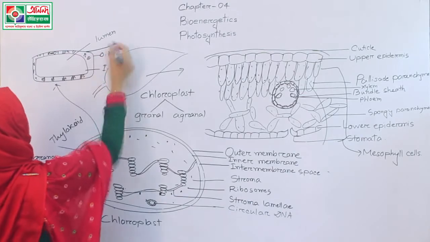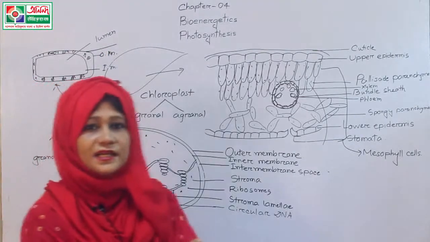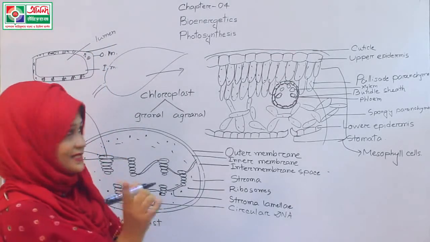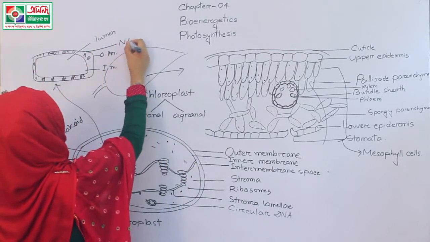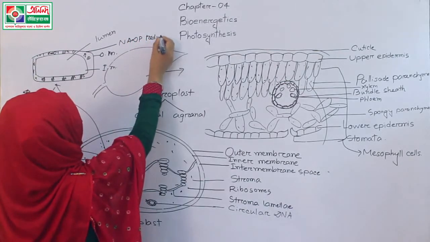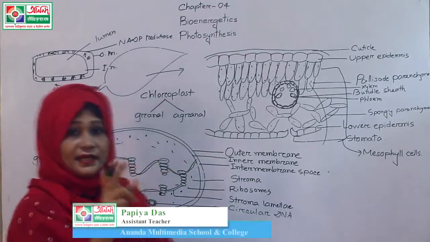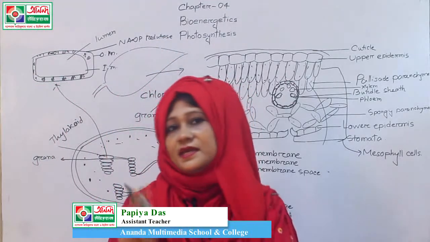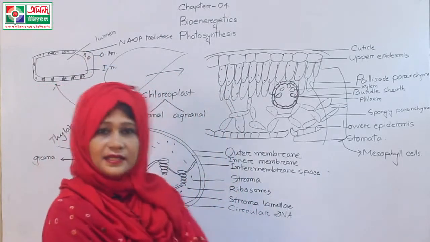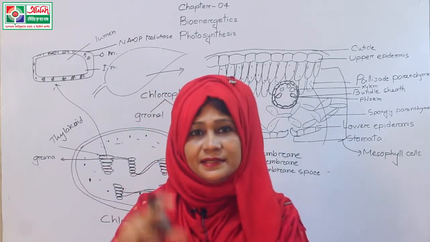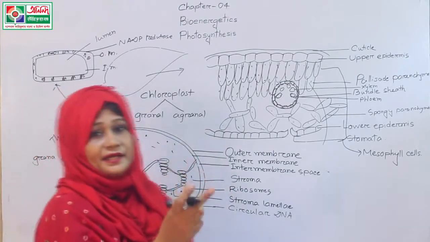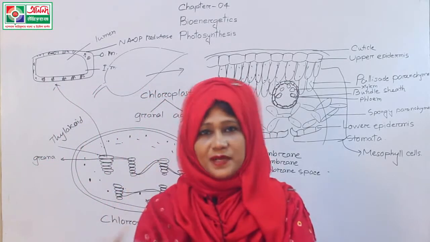This is the outer membrane of the thylakoid, and the outer membrane of the thylakoid is the site of NADP reductase. That means NADP reductase enzymes are available in the outer membrane of the thylakoid, and using these enzymes, NADP is converted to NADPH plus H plus.